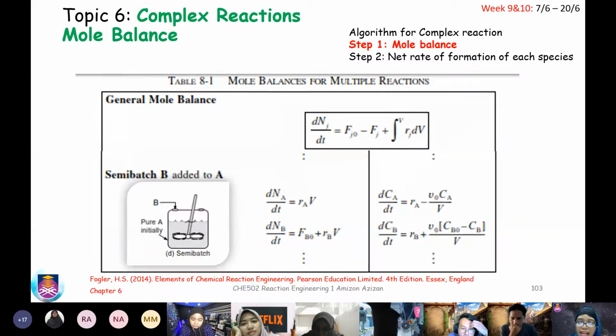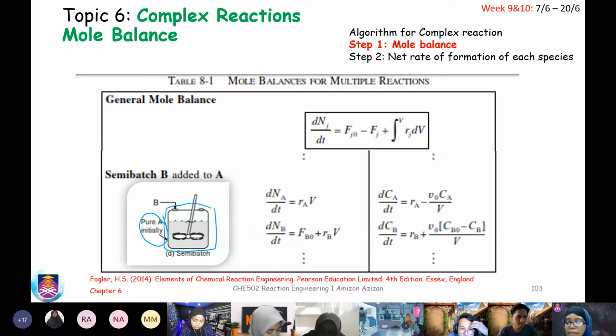Very easy. So we're going to go to the last one, which is simply the batch reactor. It is called semi-batch simply because you have one stream feeding in pure A initially and later on slowly adding the B in a different stream. So we call it semi-batch. The change of number of moles of A is simply the normal equation that you have for the batch.